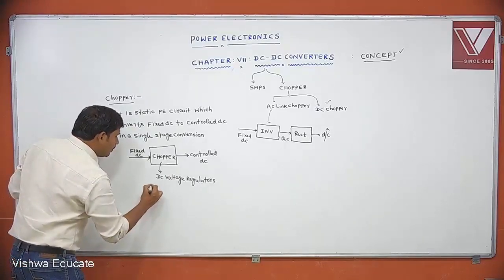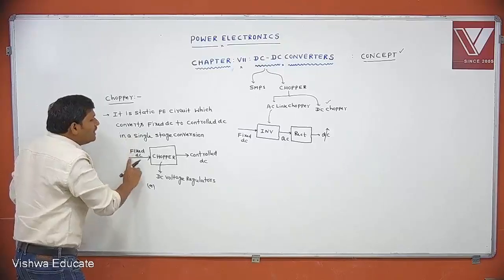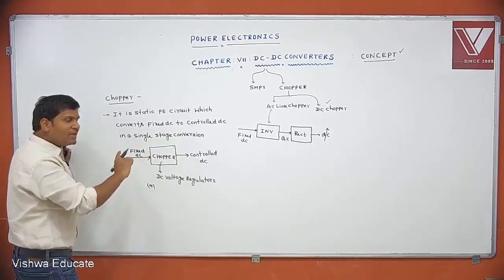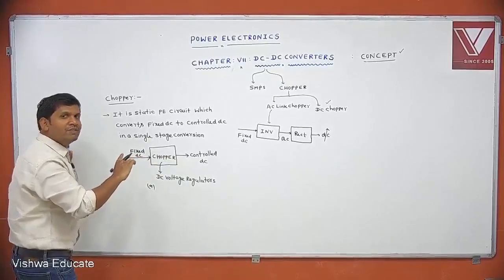Or we can also define it like this: it transfers power from DC to DC. It is not transferring power from DC to AC, and not from AC to DC.